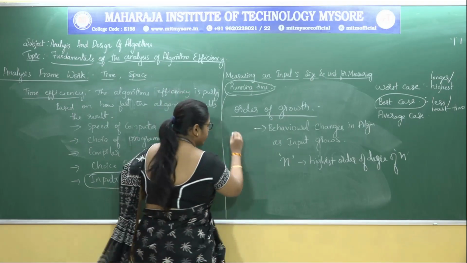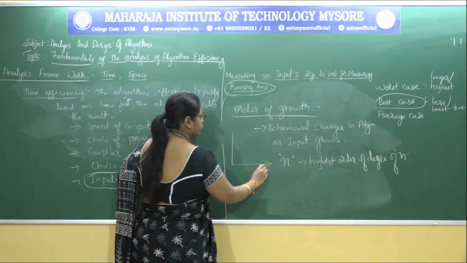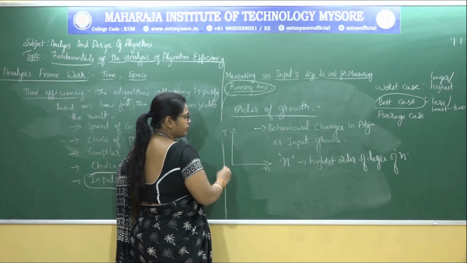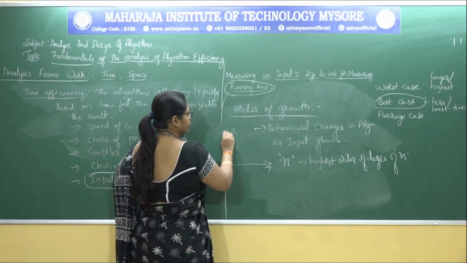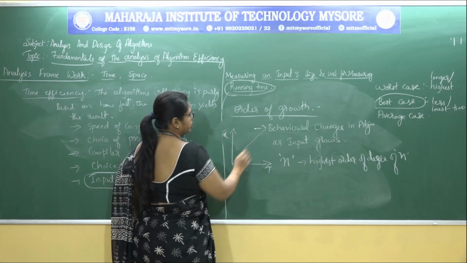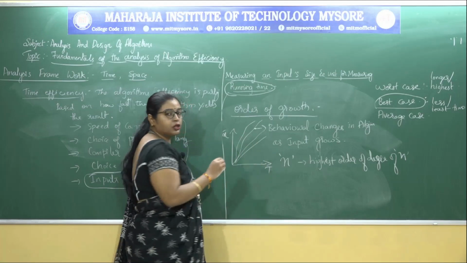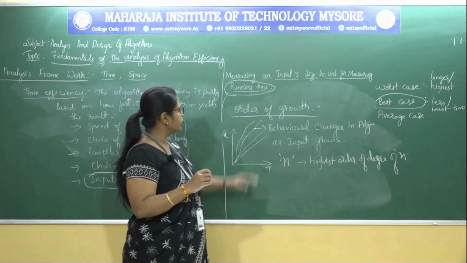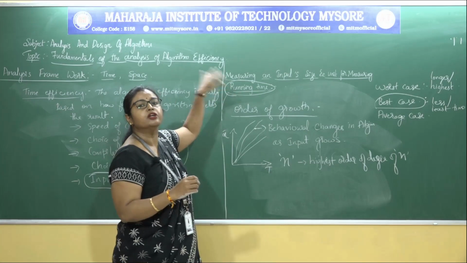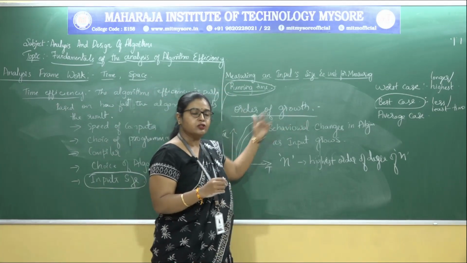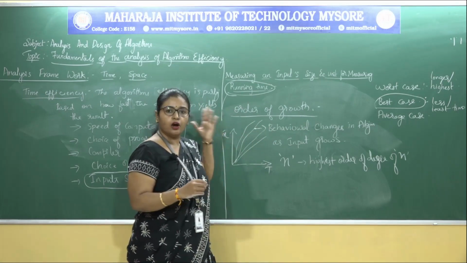So if you draw a graph of time versus input, your curve increases as your input grows. Okay, so time also increases as your input grows. So that is called the order of growth.